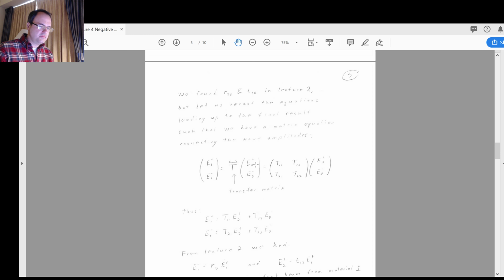And so normally, though, you would have the input fields here and the output fields there, and then that would be a scattering matrix instead of a transfer matrix. This is fine, but I would just generally have this as E1s and this as E2, but he has it the other way around. Either way is fine, as long as you remember this and be consistent.